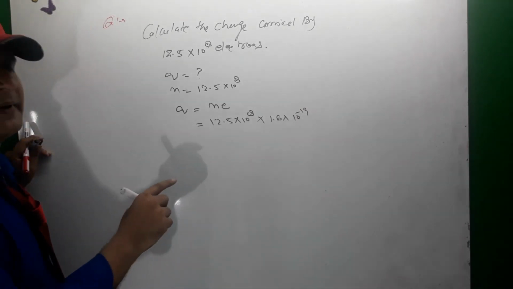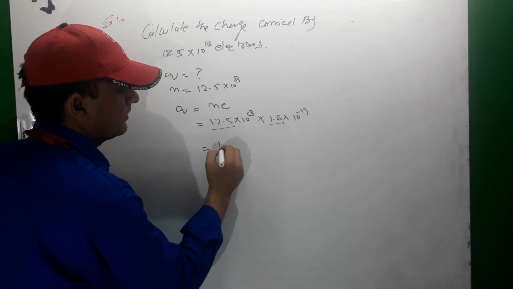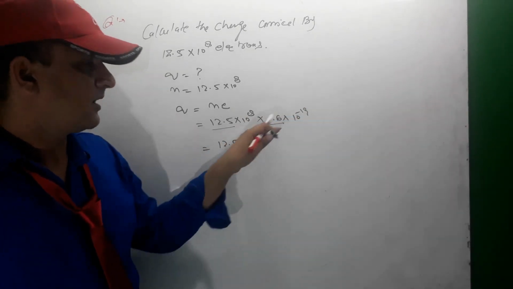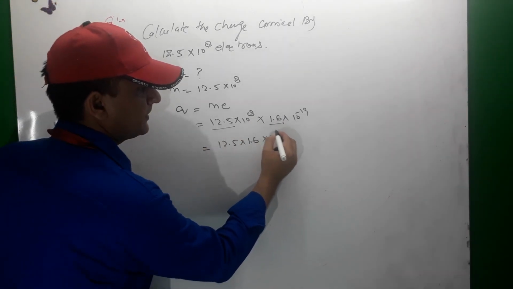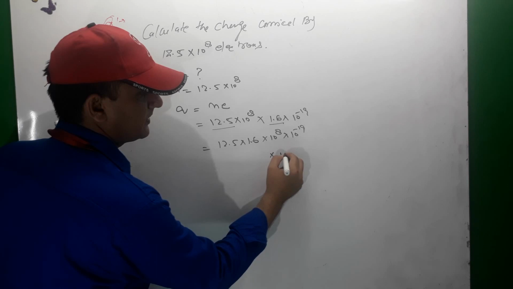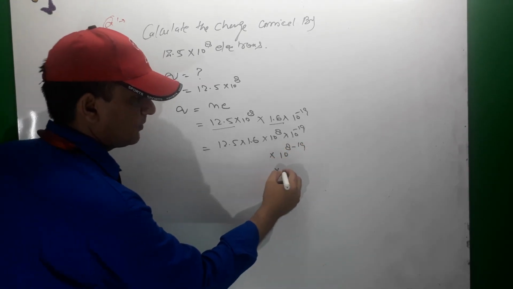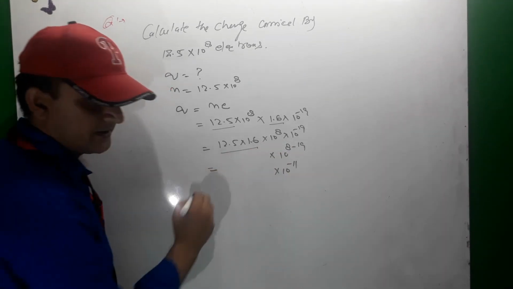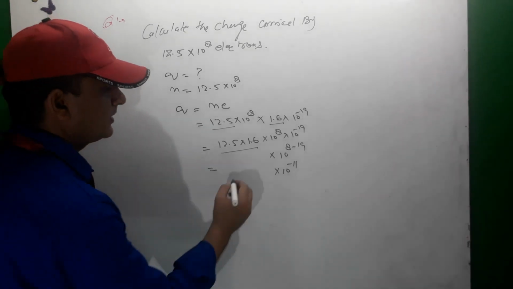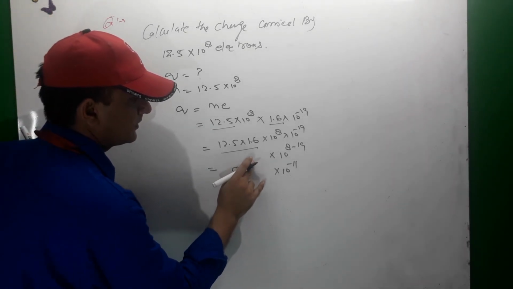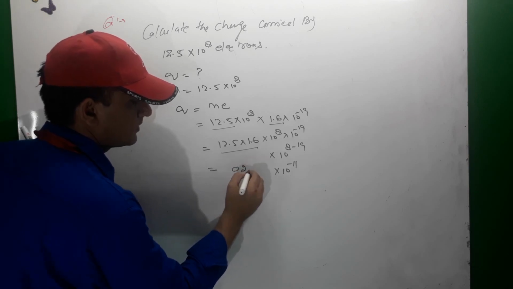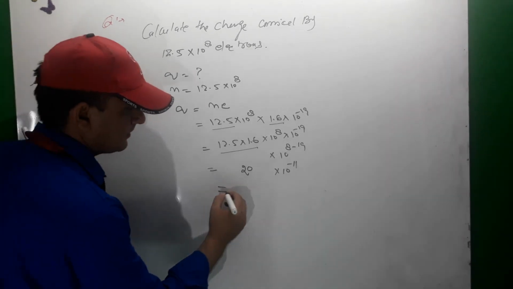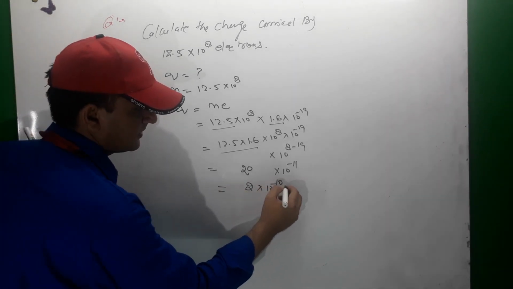Now you simply multiply 12.5 by 1.6, and the powers are multiplied, so you add or subtract them: 19 minus 8, which is 11. Now multiply and you will get 20 × 10^-11, approximately 2 × 10^-10 coulomb.